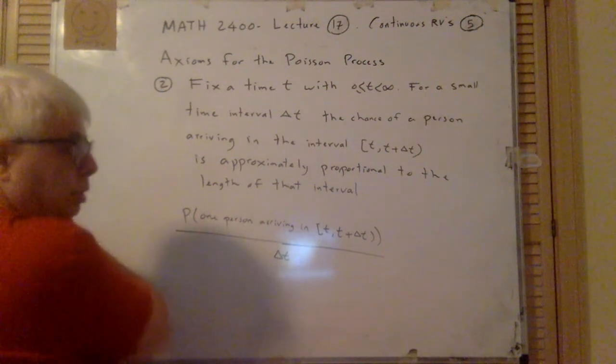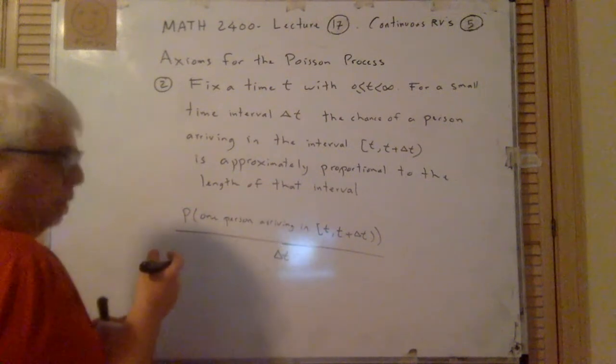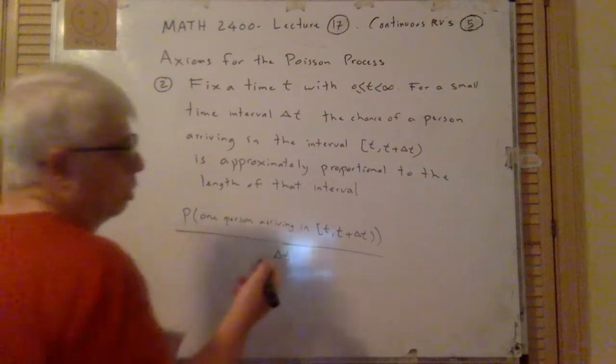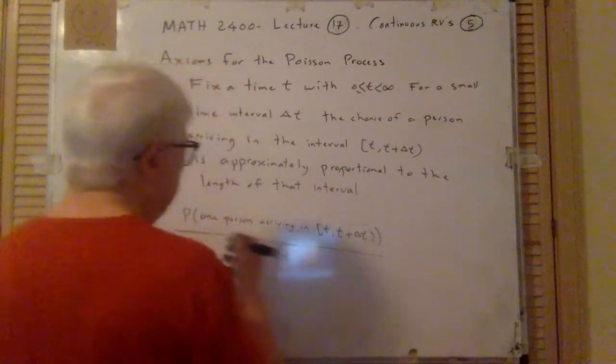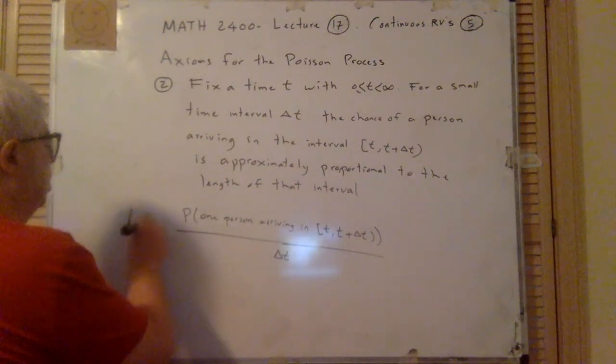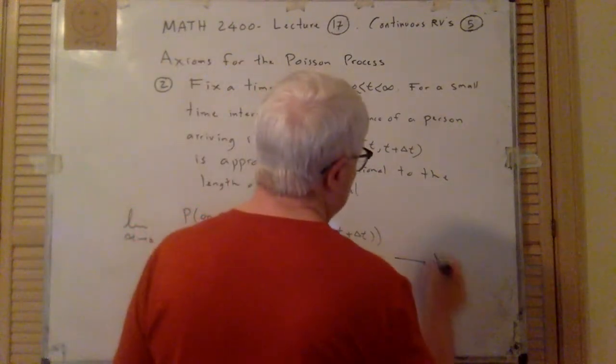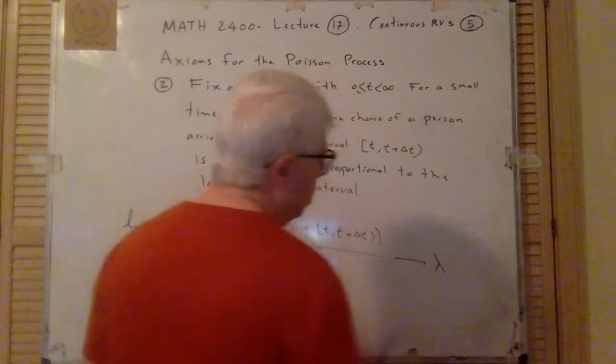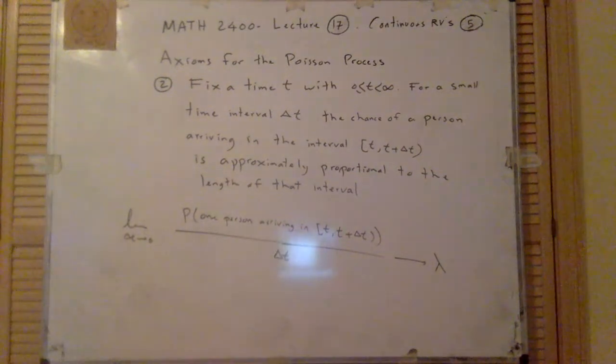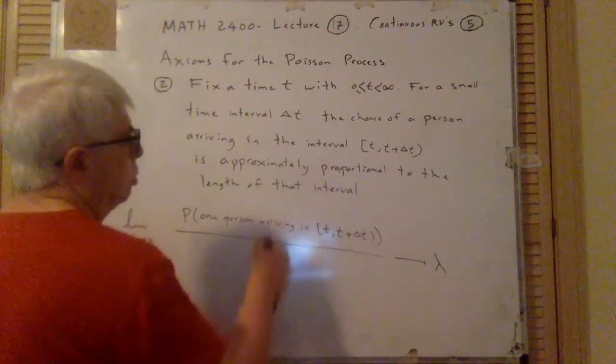So this divided by this means that this should be the coefficient of proportionality. So it also means that if the limit as delta t goes to 0, it gets smaller and smaller, this goes to some lambda. So that is the coefficient of proportionality. And that means the average number of people arriving in that bank.